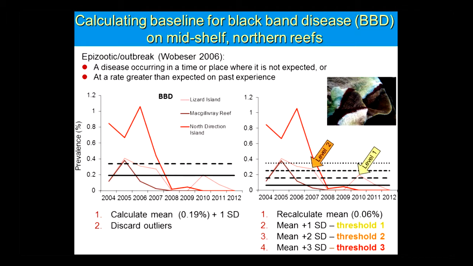In this case, there would be 3 different levels of response that would be activated by this pattern of coral disease. A level 1 response, a level 2, and a level 3 corresponding to these levels that are 1, 2, and 3 standard deviations above this mean. These sorts of thresholds could be set at whatever level you would like, depending on the sorts of sensitivity that you would require to trigger a response.